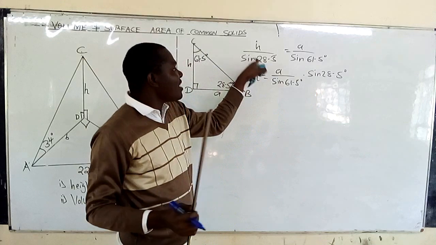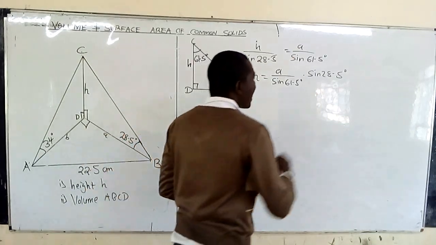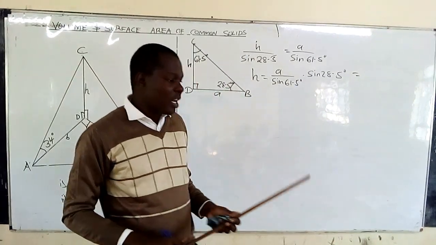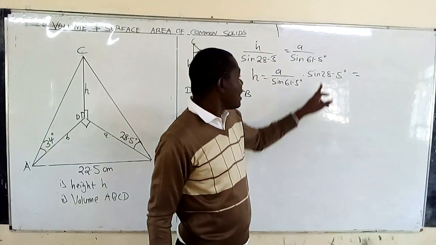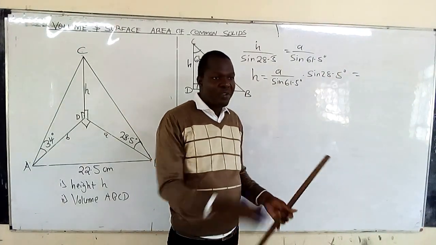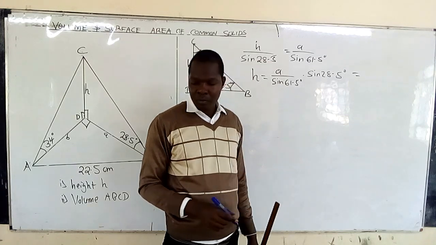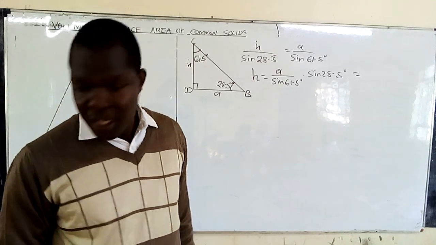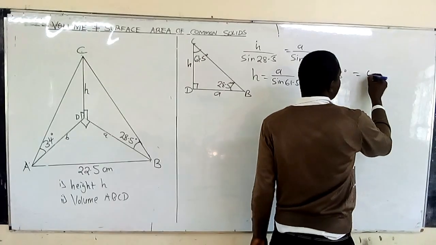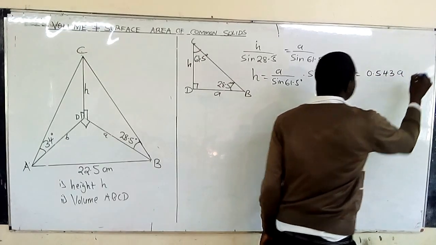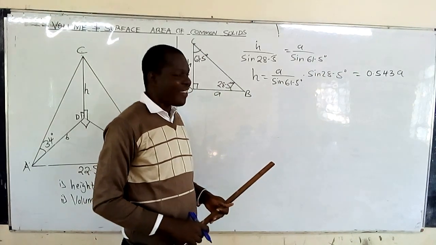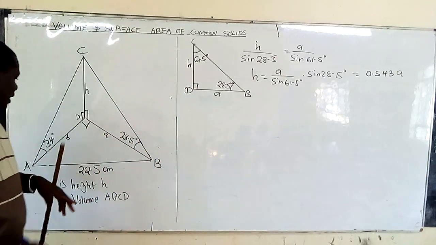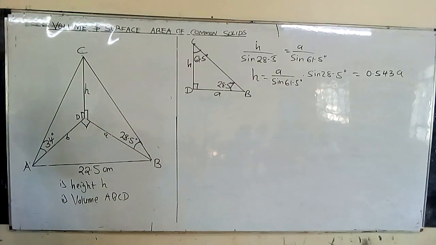Sine 28.5 degrees divided by sine 61.5 degrees, we are dealing with degrees, you get h to be 0.543 times your A. Are we together? So we found the relationship between edge and side A. Good.